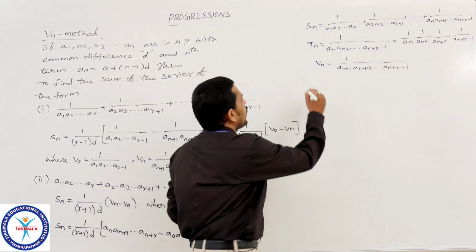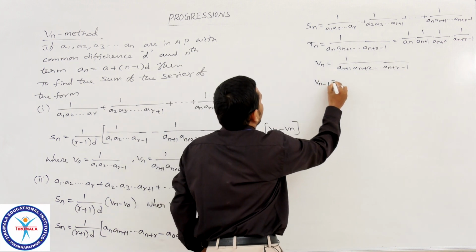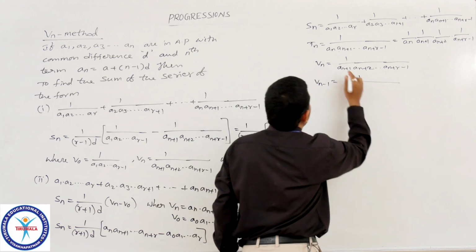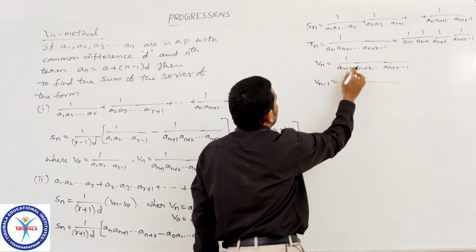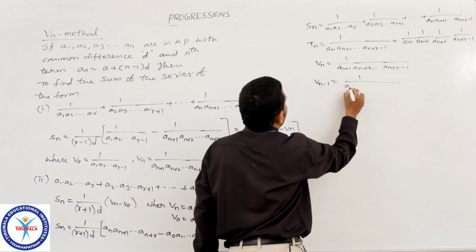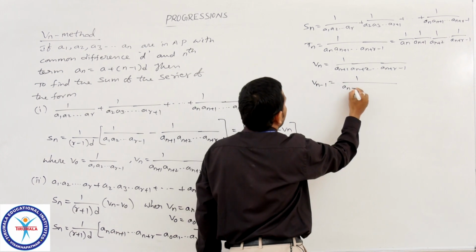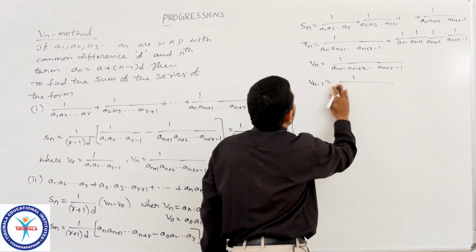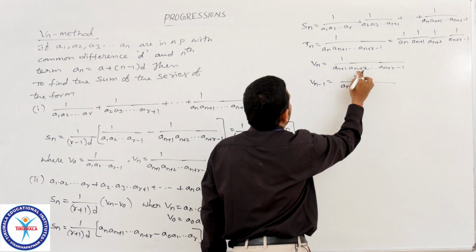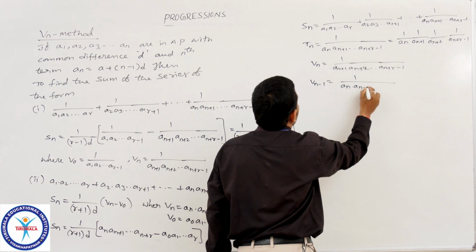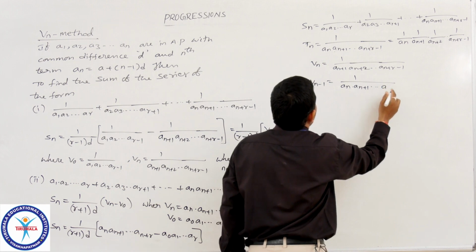Then we will write Vn minus 1. Vn minus 1 is equal to 1 by, replace n by n minus 1. N minus 1 plus 1 cancels. So an into n minus 1 plus 2, an plus 1 and so on.